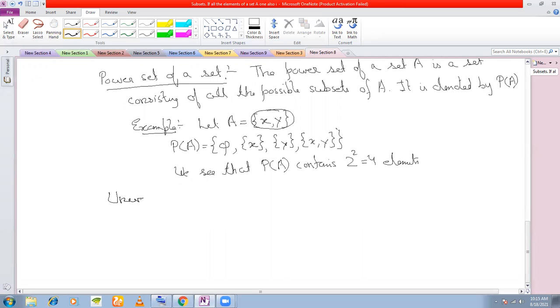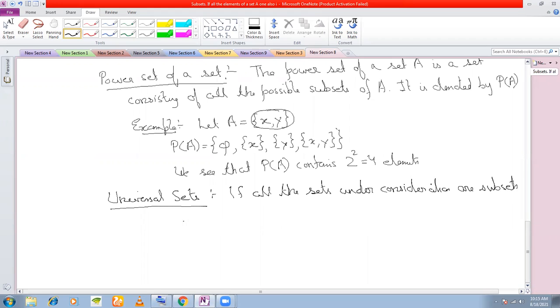Universal set. If all the sets under consideration are subsets of a particular set, say U, then U is called the universal set.